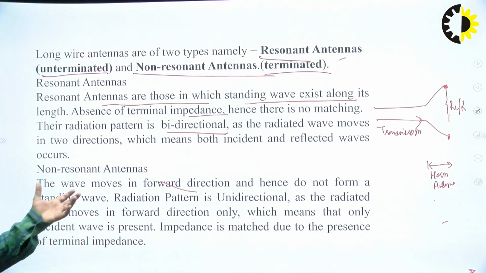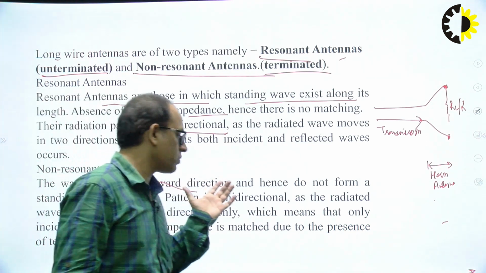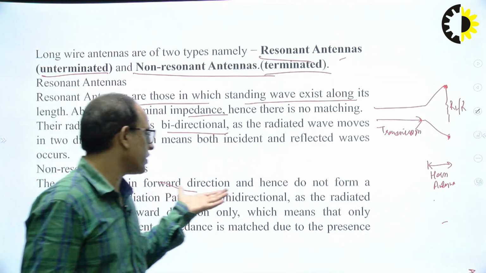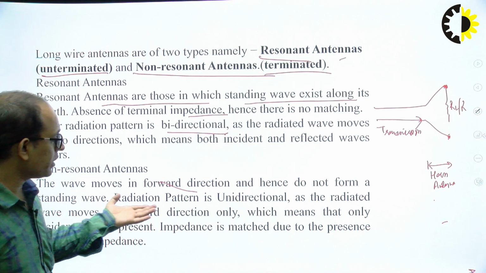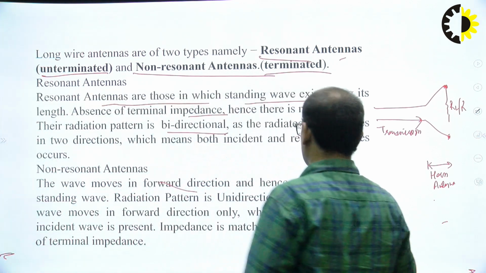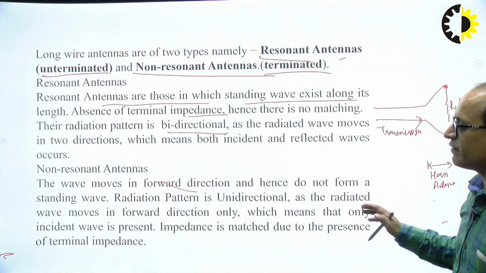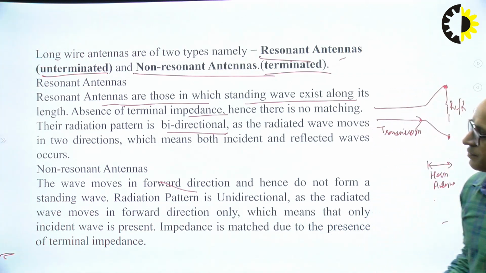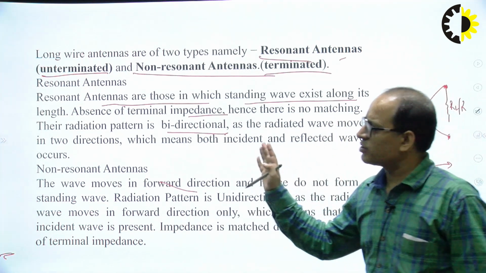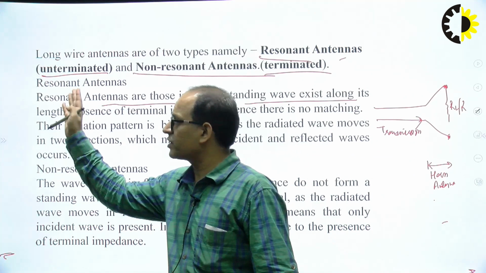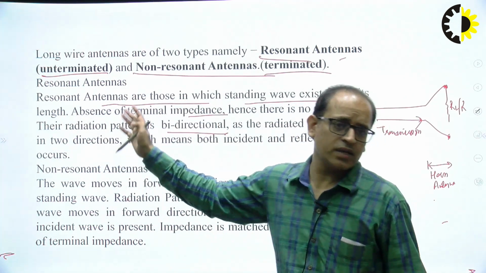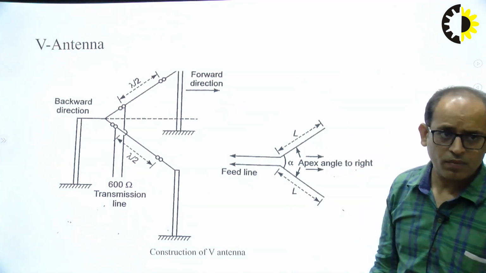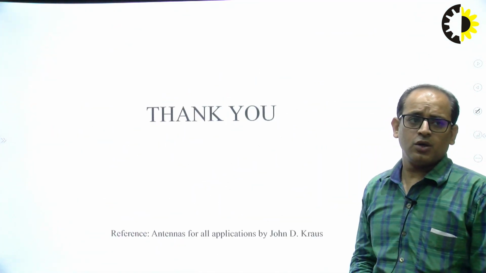And for the non-resonant antennas, the waves moving in the forward direction do not form standing waves. The radiation pattern here is unidirectional, with the radiated waves in the forward direction. We will discuss this topic in the next class in further detail: the resonant antennas, the non-resonant antennas, and the long wire antennas.